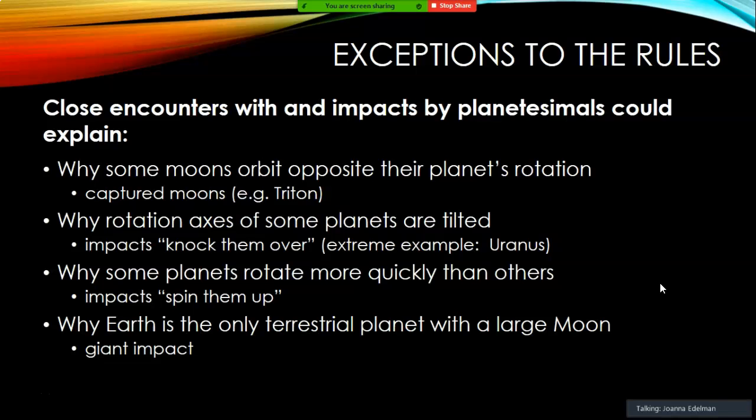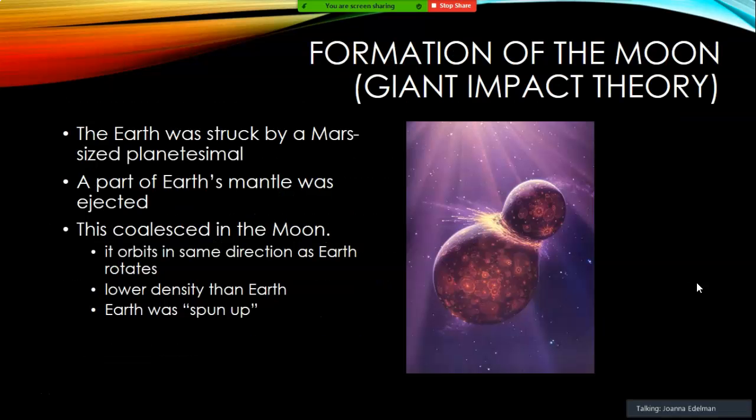That could be explained by the giant impact theory, which states that there was a Mars-sized planetesimal that collided with Earth early on. That allowed a lot of debris to be thrown out into space, but the debris was also kept local to Earth because of Earth's gravitational pull. Eventually, that debris accreted to form the moon that we have today. Okay.